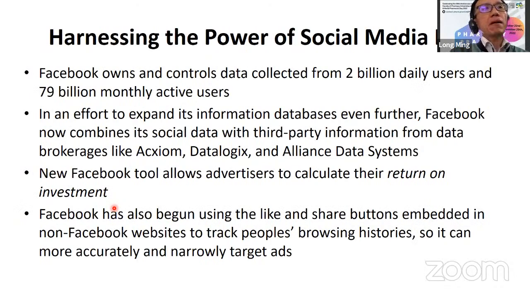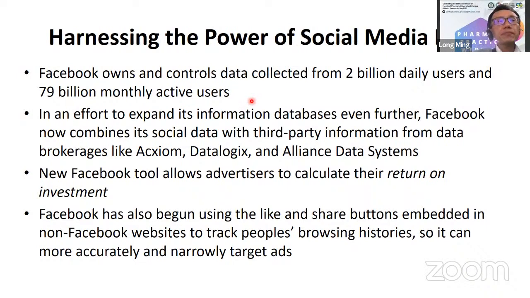This is one example on Facebook. It is slowly being used less by the younger generations, who go to TikTok or Instagram. But Facebook also has its own clientele. For example, it owns and controls data collected from 2 billion daily users and almost 80 billion monthly active users.